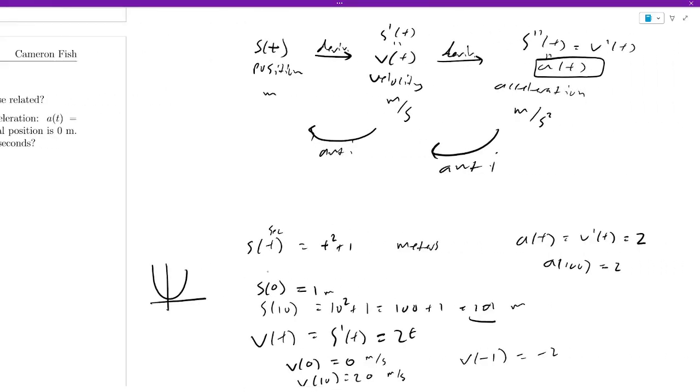We'll talk more about this as we go, but generally, derivatives are about rates of change, and antiderivatives are about seeing what the total change is. So if I know enough about my velocity over a certain period of time, I can figure out what my position was by going backwards, right?